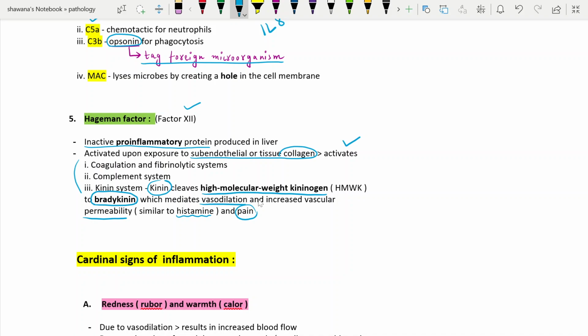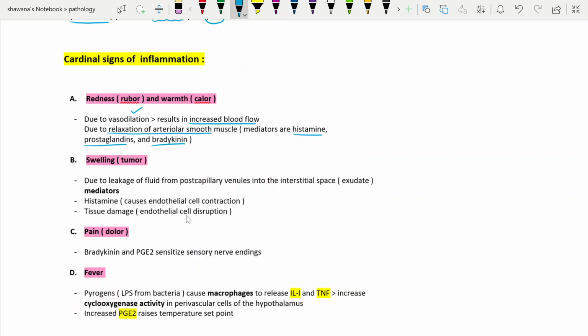Due to vasodilation, the blood flow increases, right? Blood is red and blood is warm, so we see redness and warmth. This is due to relaxation of arterial smooth muscle by histamine, prostaglandins and bradykinin, which cause vasodilation and increased vascular permeability.